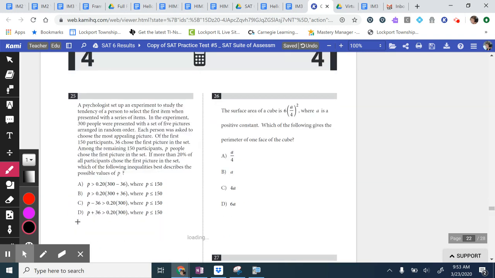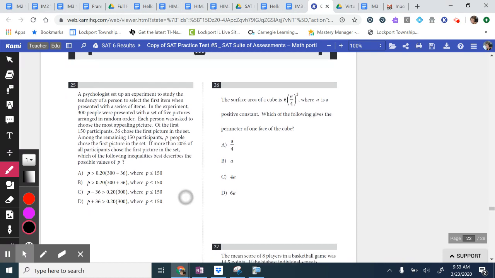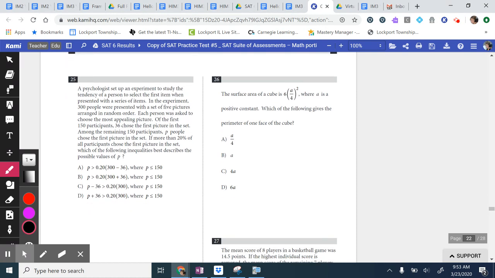All right, we do need to talk about 25. I think this one was tricky because of the wording with the first 300 and second 300, or the first 150 out of the 300, which I think may have led some of us down the wrong path to pick the wrong thing. So we have an experiment to study the tendency of a person to select the first item when presented with a series of items.